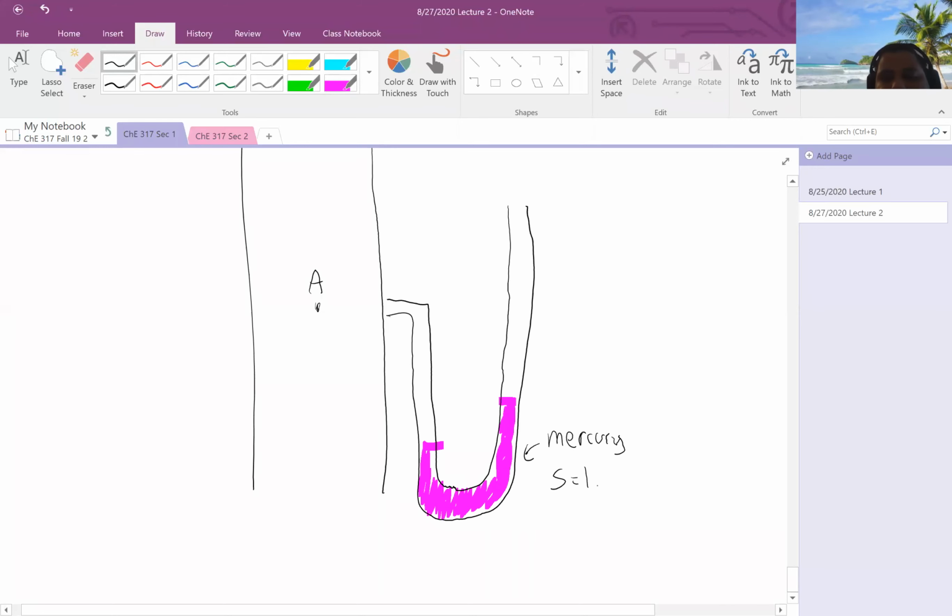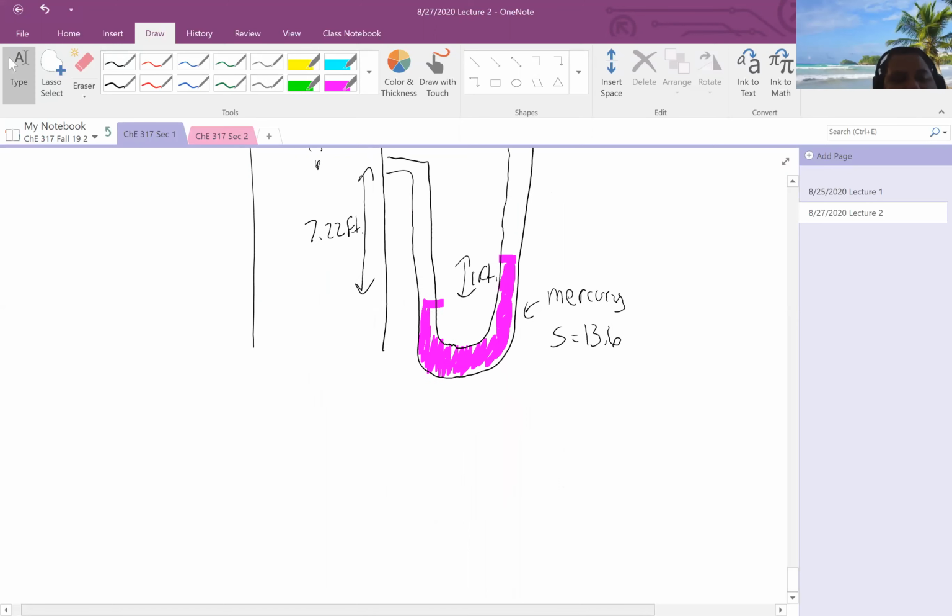S equals 13.6. This delta H, I believe, was 1 foot. And then the delta H here for this fluid was 7.22 feet. And this was open to the atmosphere.